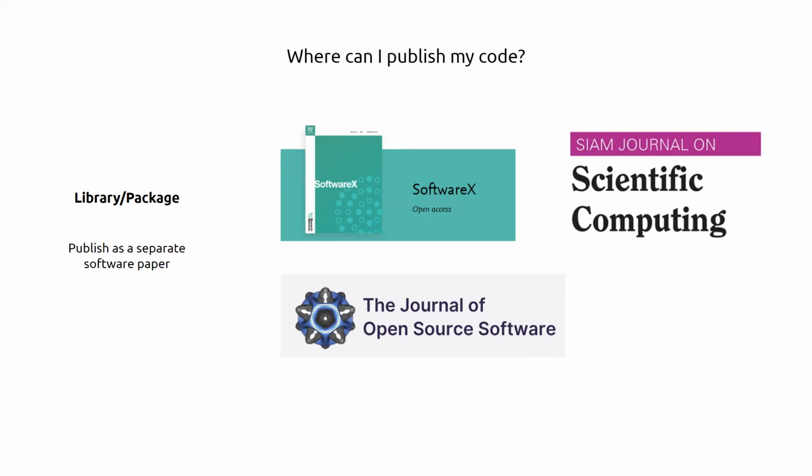Or you can also try publishing it on normal scientific venues where you publish. A lot of these places, like Physical Review and so on, would allow publishing software, but specific software venues a lot of the time provide a better environment for publishing software.